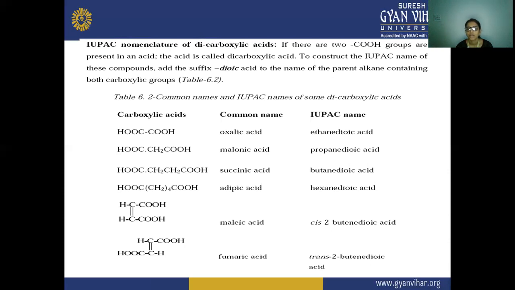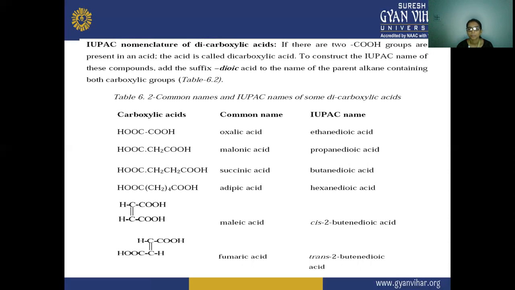To construct the IUPAC name, we have to use the suffix dioic acid. So the suffix dioic acid should be applied to the name of the parent alkane containing 2 carboxylic acid groups. These 2 carboxylic acid groups are present in this chain, so its name is dicarboxylic acid, or you can say dioic acid.